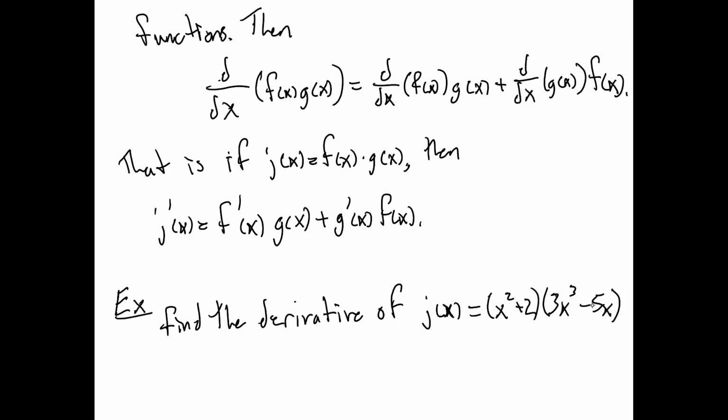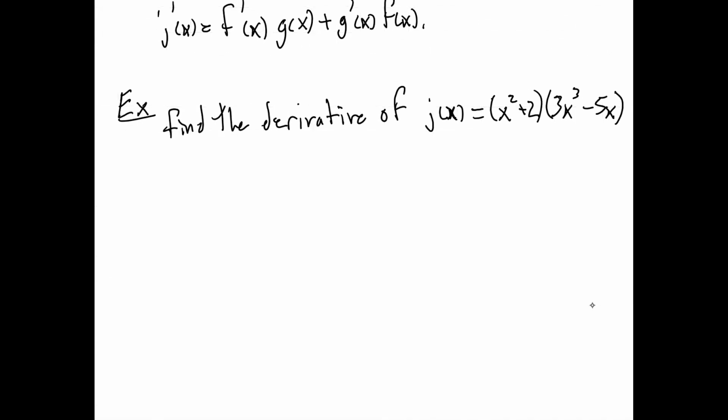minus 5x. Now, I want to do this in two ways. The first way we're going to do it is using what I think is probably the most simple way to do this, and that is to distribute and then use the power rules.